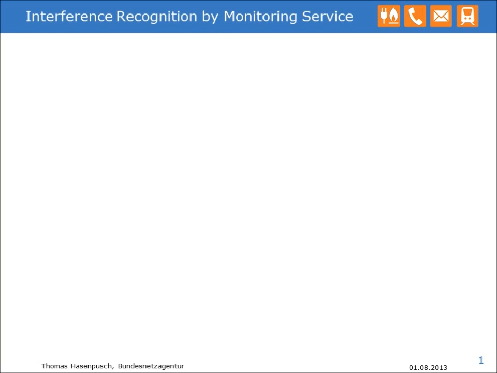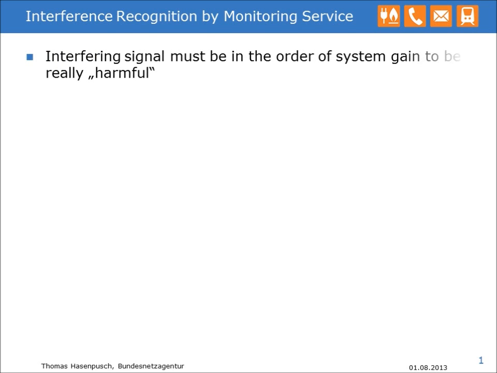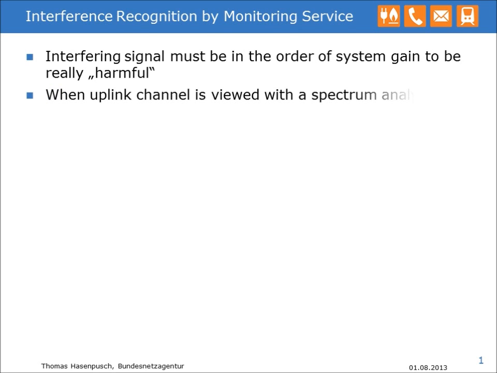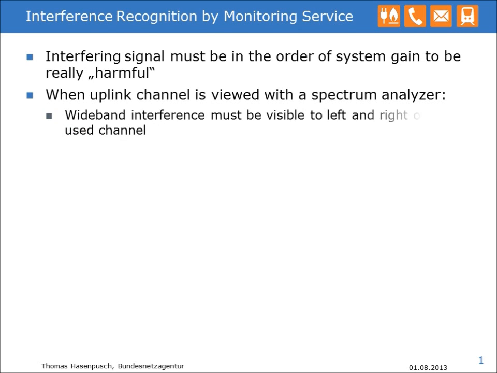So if we work on that interference, the steps are, we first have to see how we can recognize the interference. And as I already said, we must see the interference signal on the spectrum analyzer. If we don't see anything on the analyzer other than the user signals, we cannot have harmful interference.